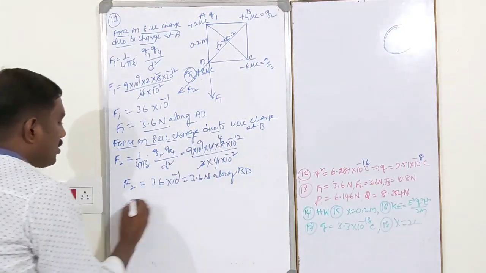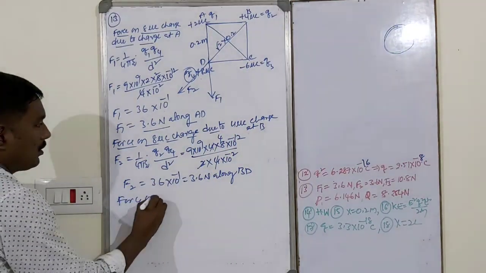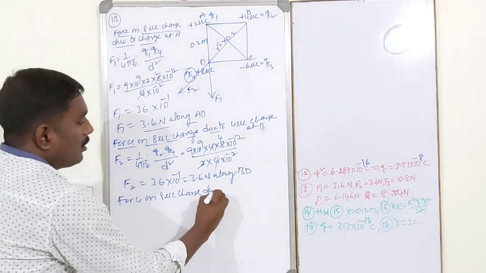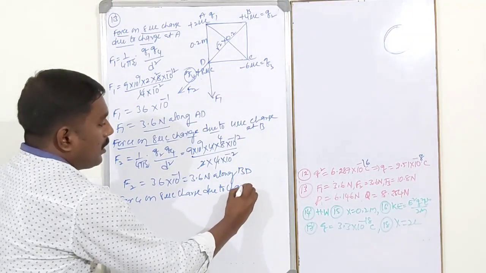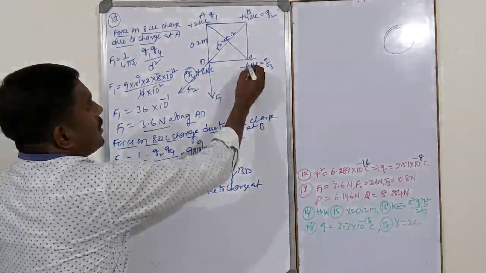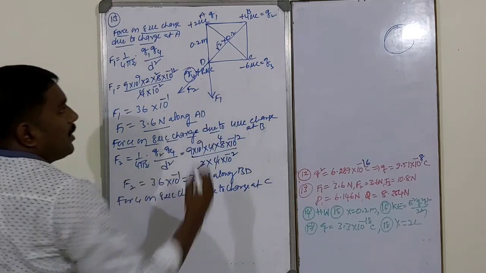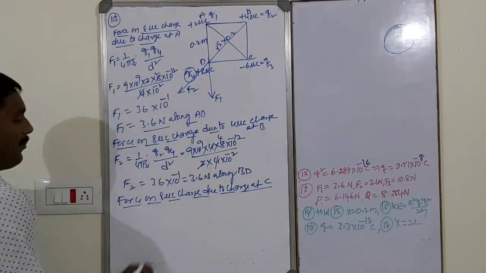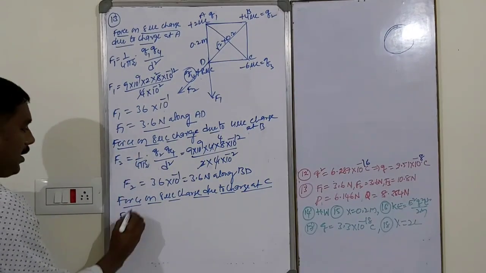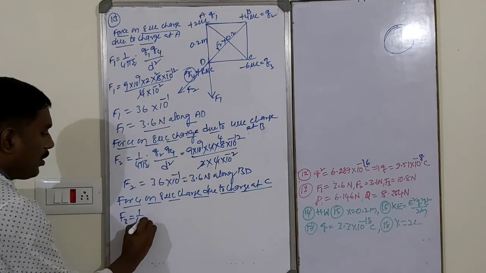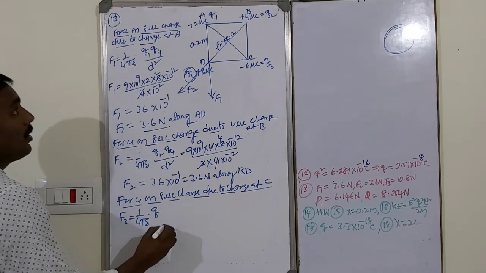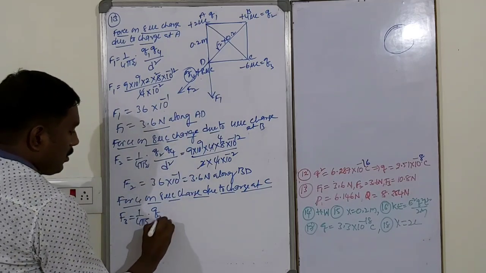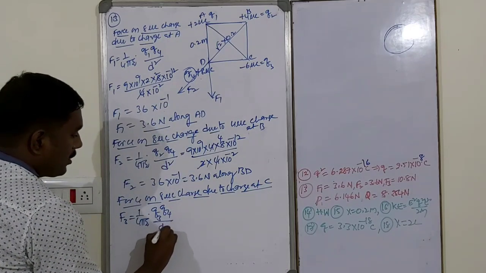Next, the force on the 8 microcoulomb charge due to the charge at C, minus 6 microcoulomb. Again F3 is equal to 1 over 4 pi epsilon naught Q3 Q4 by d squared.